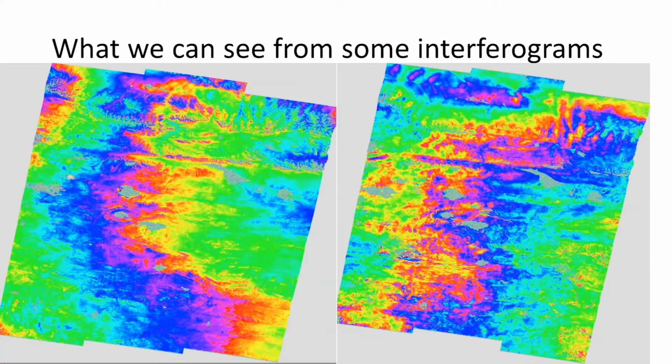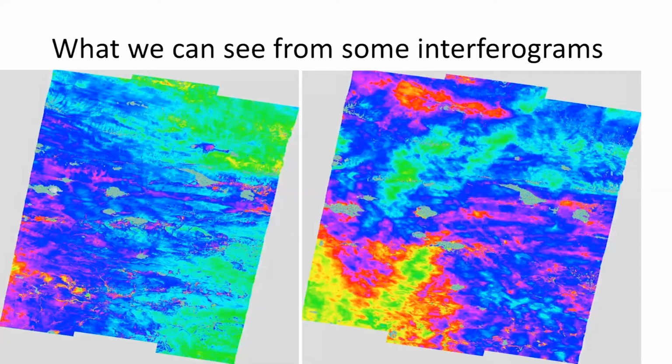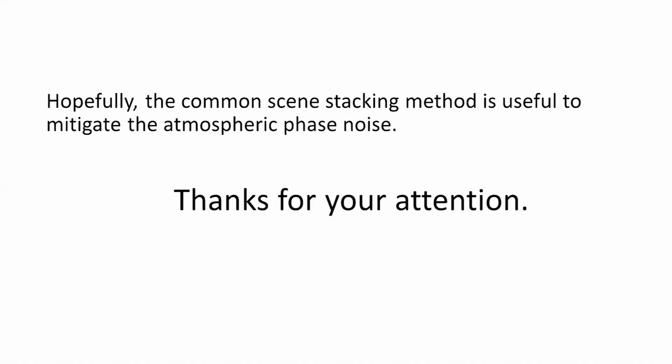For some other interferograms, what you can see is only very short wavelength signal because of turbulent atmospheric noise. Hopefully the common scene stacking method in GMTSAR is useful to mitigate this phase noise. Yeah, that's all.